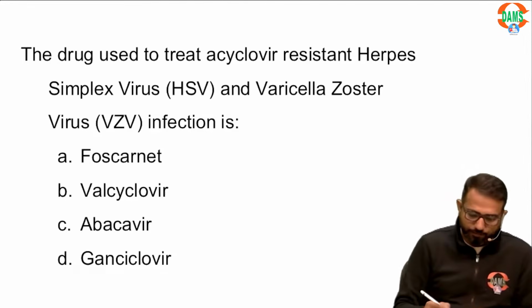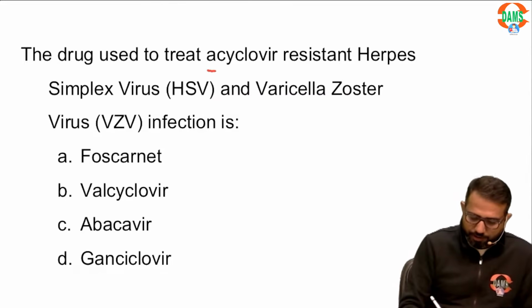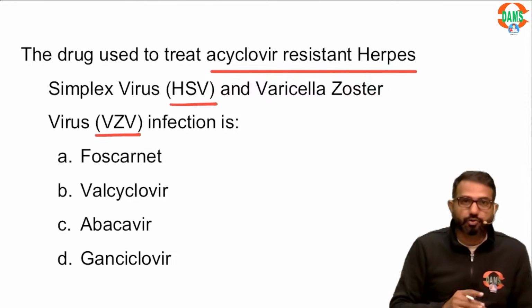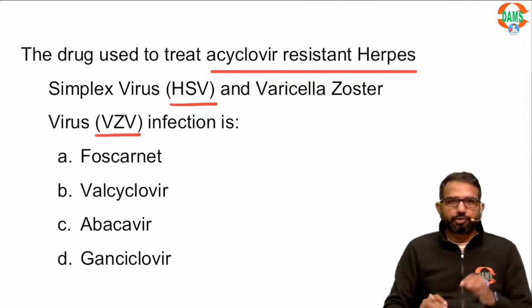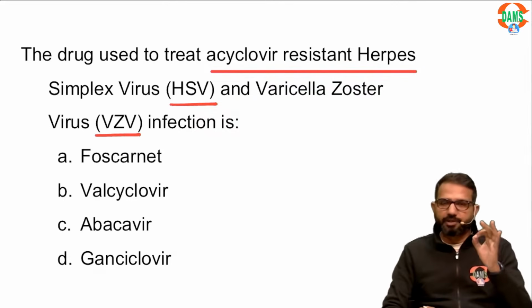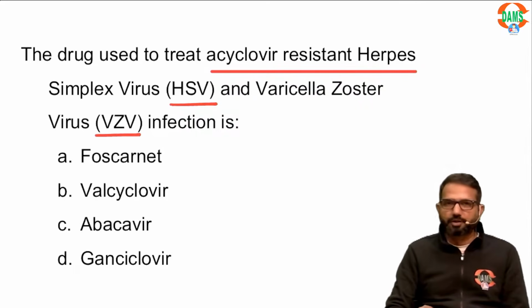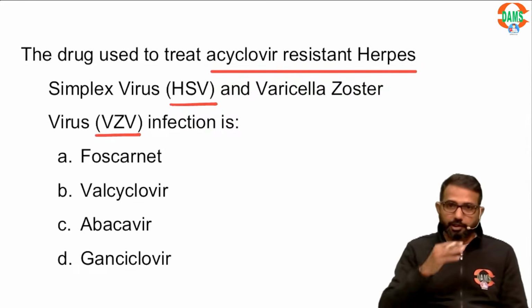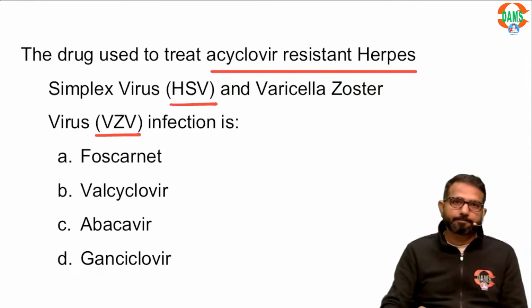The next is the drug used to treat acyclovir-resistant herpes simplex as well as varicella zoster. Usually, the drug of choice for herpes, except cytomegalovirus, is acyclovir. But acyclovir is a prodrug and needs to be activated by an enzyme.